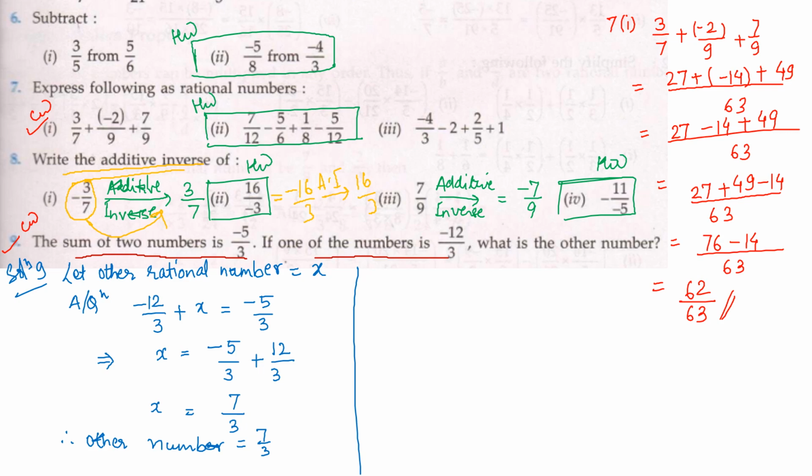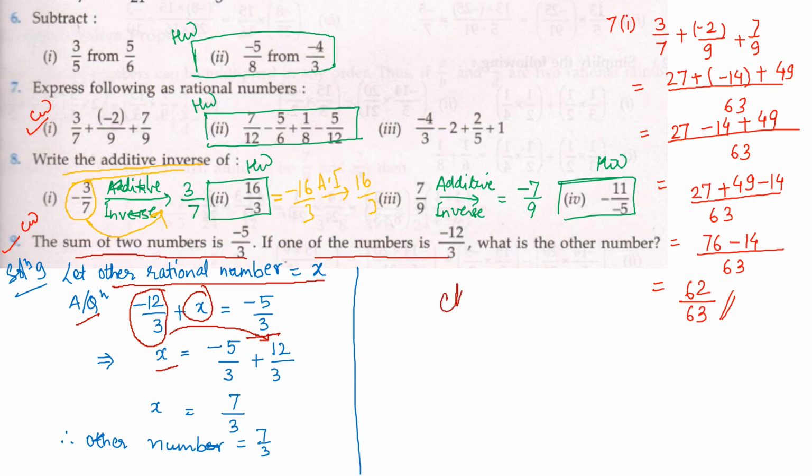As soon as you do it, things become very easy. So let the other rational number be x. According to question, they are saying that sum of minus 12 by 3 and x is minus 5 by 3. Solving, putting x on left hand side, taking minus 12 by 3 on other side, and it becomes positive. Minus 5 by 3 plus 12 by 3 is 7 by 3.